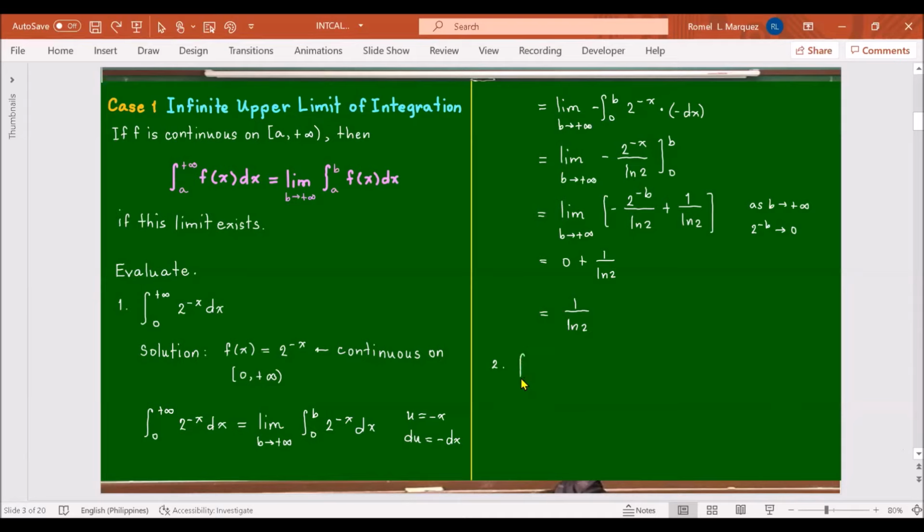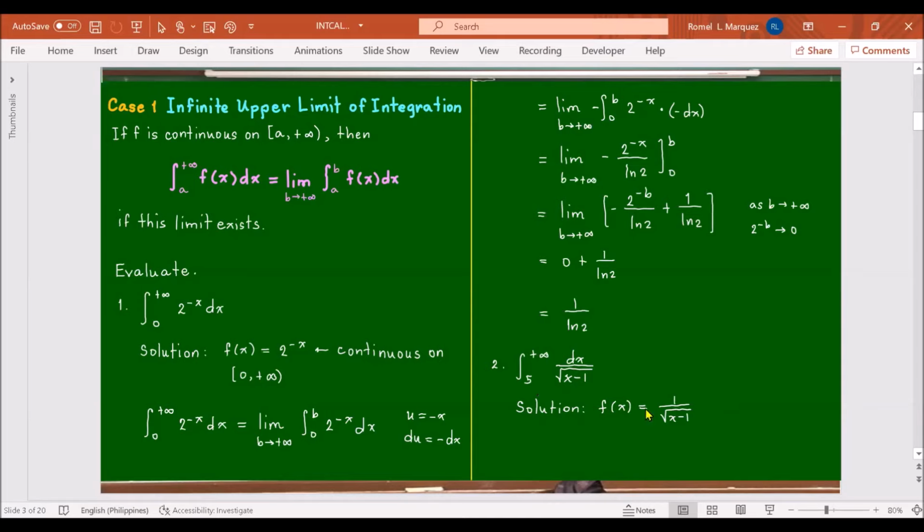We have the integral from 5 to positive infinity of dx over square root of x minus 1. So what about this? Okay? Our integrand is 1 over square root of x minus 1, so that f of x is equal to 1 over square root of x minus 1. Okay?